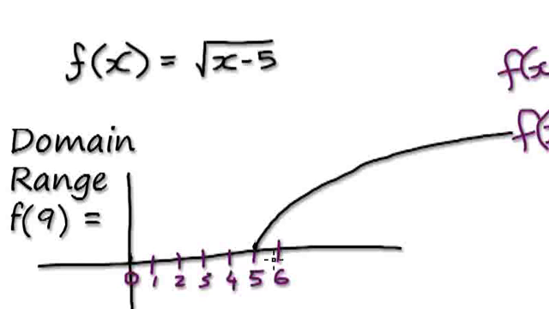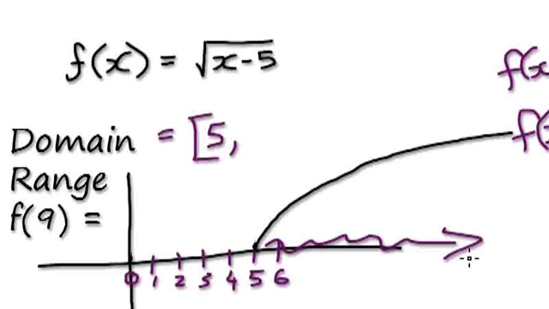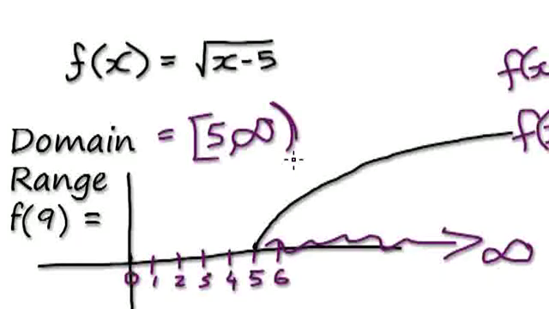Looking at this graph, the domain is basically everything equal to or greater than 5. So you would write it like this: square bracket, 5, comma, everything up here towards infinity. So your domain would be square bracket 5 comma infinity.